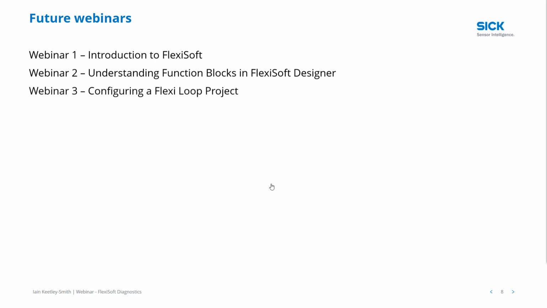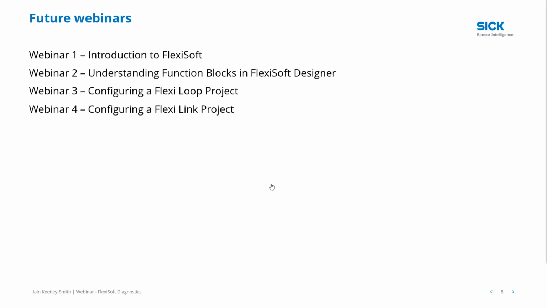The third one was looking at FlexiLoop, which is like a remote I/O system with the FlexiSoft. And with the FlexiLoop, this is where diagnostics become really useful. So if you are using Loop, then you tend to use that with diagnostics as well.